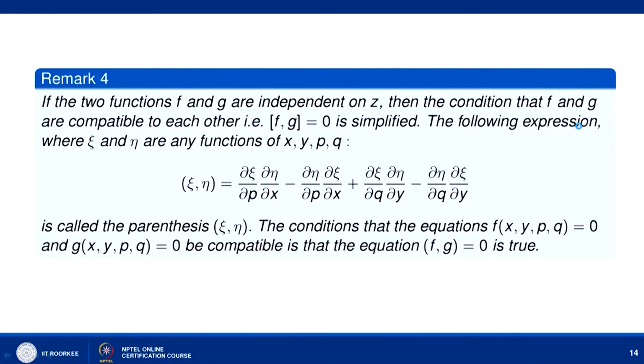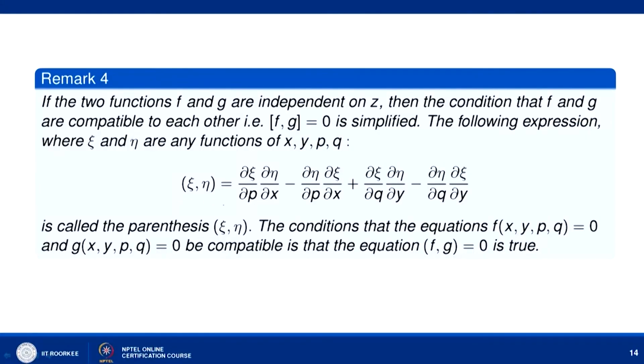So, let us move ahead and look at remark 4. It says that if the two functions f and g are independent of z, meaning they are only f of x, y, p, q and g of x, y, p, q, then the expression bracket fg equal to 0 is simplified and can be written as parenthesis fg equal to 0, where parenthesis of xi, eta is defined as: double xi by double p, double eta by double x, minus double eta by double p, double xi by double x, plus double xi by double q, double eta by double y, minus double eta by double q, double xi by double y. So, when f and g are both independent of z, we simply look at parenthesis fg equal to 0.